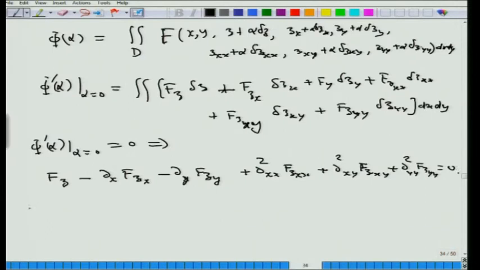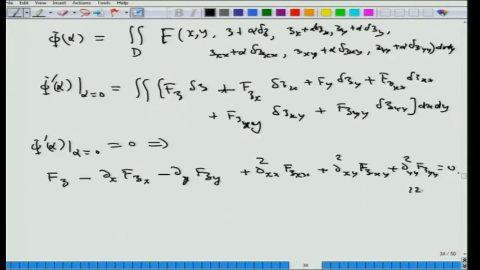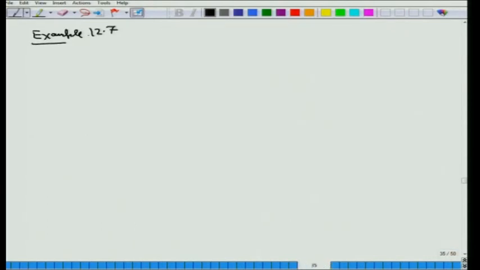So, we take an example here. So, this is 12.6 and 12.7.